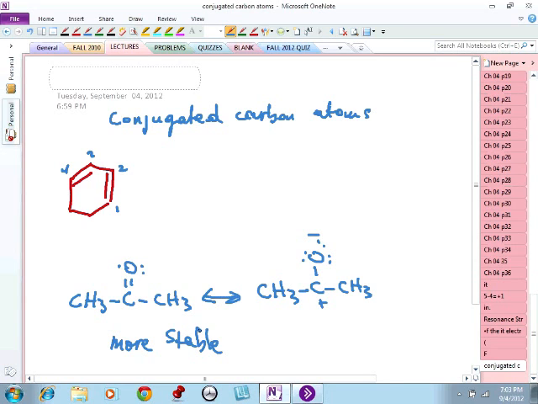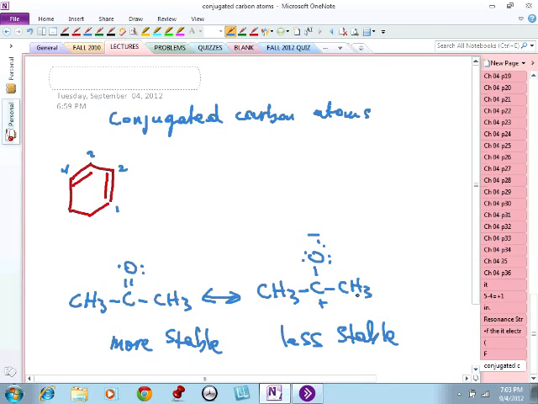Keep that in mind. So the more charges a resonance structure has, the less stable it is.